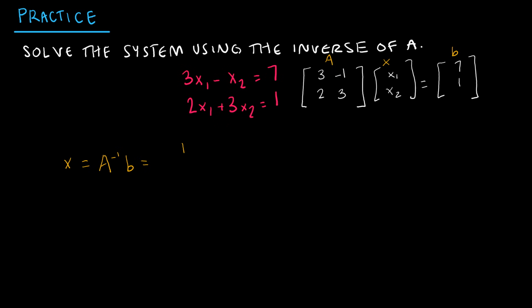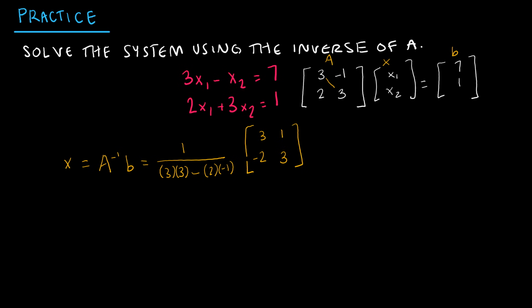A inverse is 1 over 3 times 3, and I'll go ahead and show what I would ask you to show, 3 times 3, minus 2 times negative 1, and then 3 and 3 would switch places, which you can't really tell, but we did, and then negative 1 becomes positive 1, positive 2 becomes negative 2.